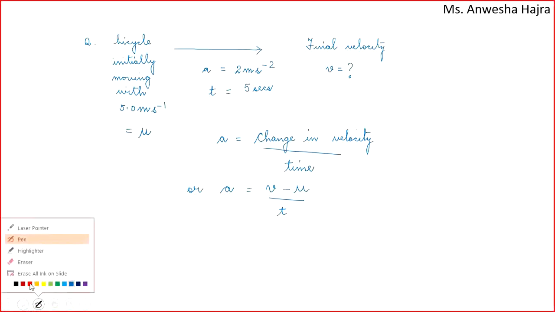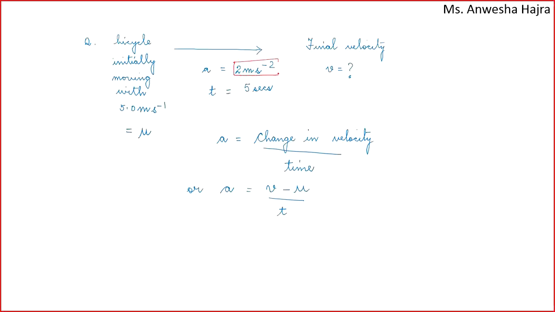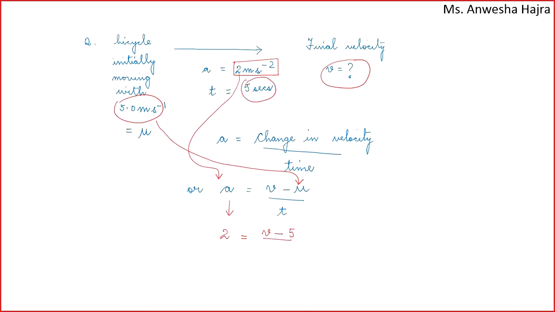Now what is my acceleration? Acceleration given is 2. So put the value of acceleration over here. Final velocity we have to find out. Initial velocity is 5. So put the value of initial velocity over here. Time is 5 seconds. So put the value of time as 5.